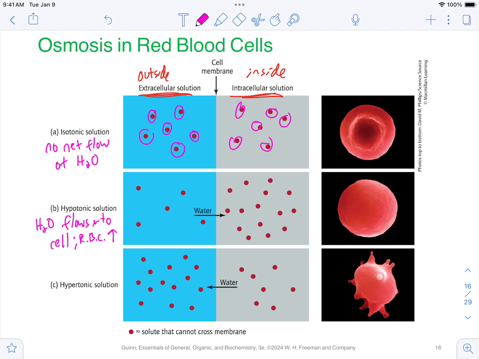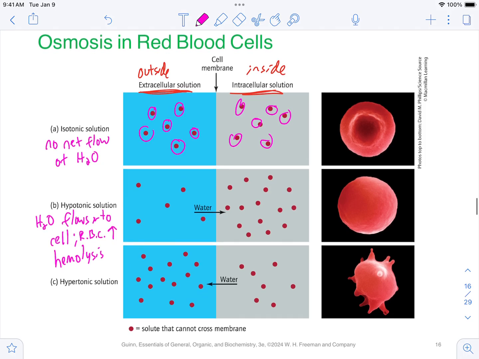It's absorbing water, and then they may burst actually. And that's something called hemolysis. And you can see what happened here. It got enlarged. So the water went from the outside of the cell into the cell.